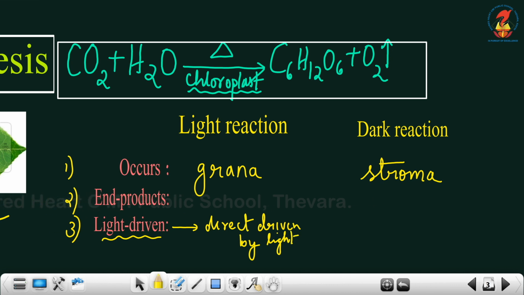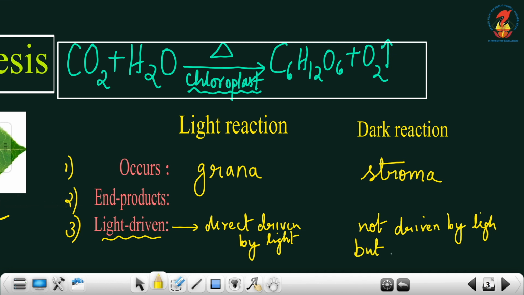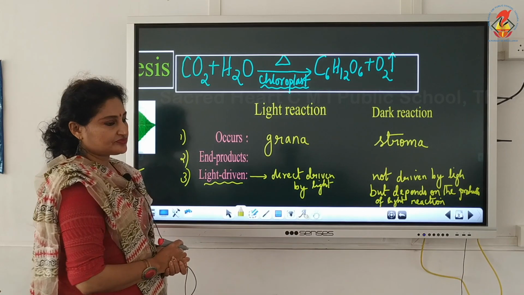But dark reaction is not at all driven by light. And you give a clause here, but it depends on the products of the light reaction. And also it follows the light reaction immediately.